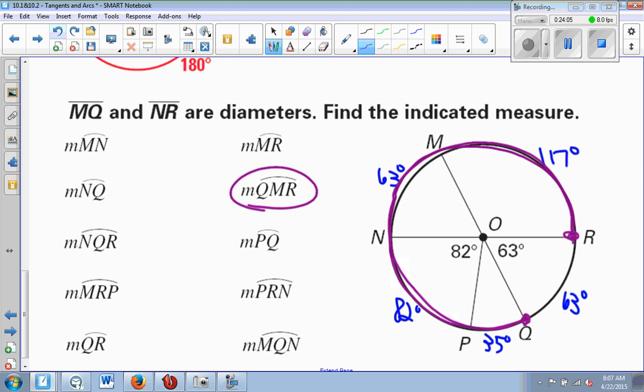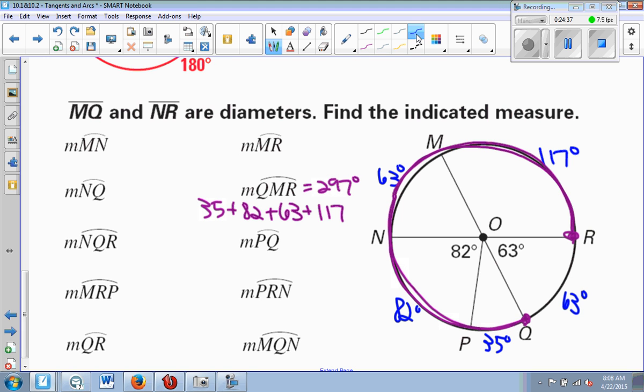I can either add up the 4 arcs I touched, or I can see that I'm only missing one of them and subtract 63 from 360. I'm just going to add them all together. I've got an arc of 35, 82, 63, and 117. By simply doing addition, we get a total of 297 degrees.